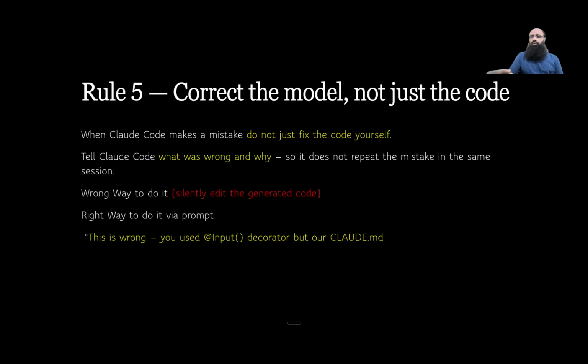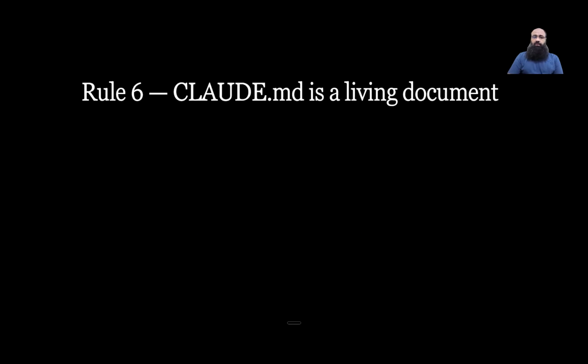The right way is to do it via prompt, because we are not the ones in charge. It's similar to working with a junior engineer who has made a mistake. You do not go and correct it right away on your own. You ask the person to fix it and review, and you just give a hint, a direction. You say this is wrong, use this instead of that. And this is the way we do it.